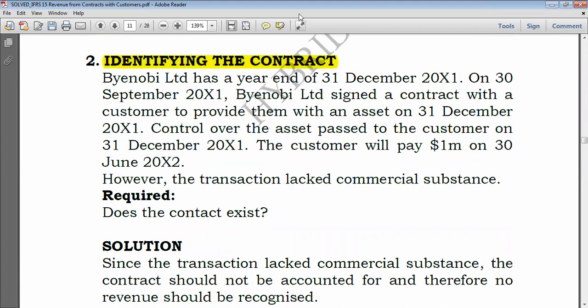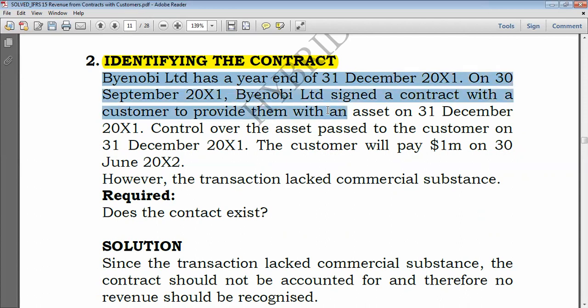So let's read the question. The question says, BNB Limited has a year end of 31st December 20x1. On 30th September 20x1, that means 3 months before the year ends, BNB Limited signed a contract with a customer to provide them with an asset on 31st December 20x1.